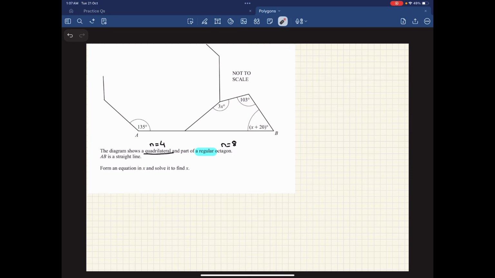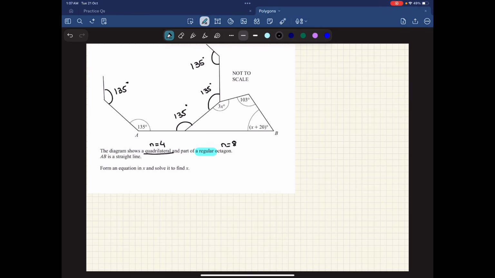While in case of the octagon, since it is regular, all the interior angles would be equal. And since they've given us the value of one interior angle, which is 135 degrees, all the interior angles would be 135 degrees. Because it is a regular octagon, all angles will be equal, all sides will be equal.